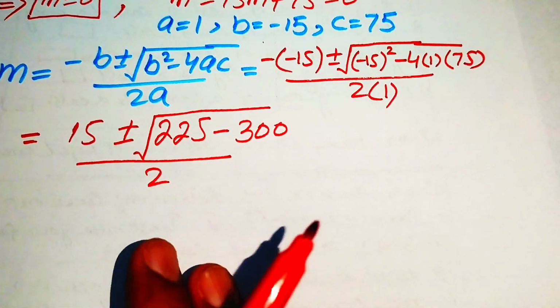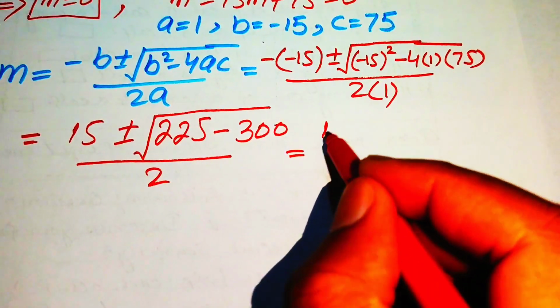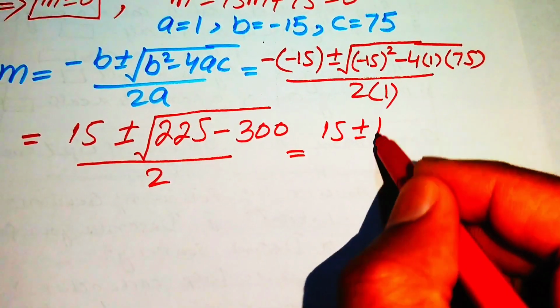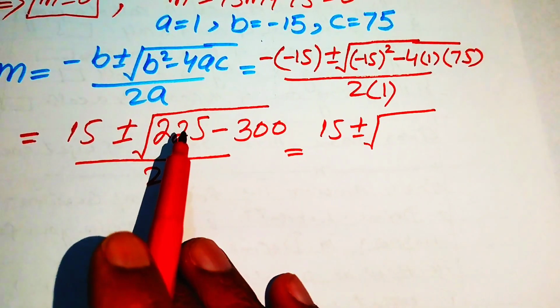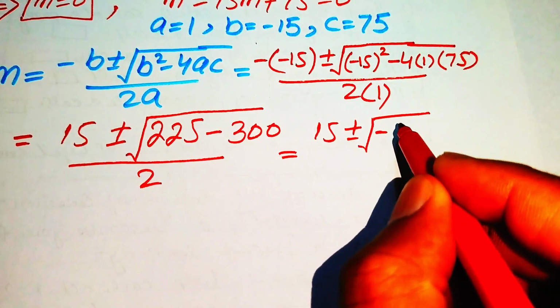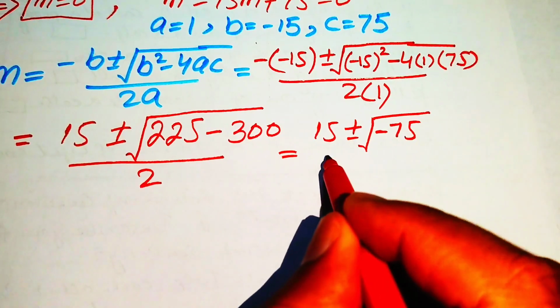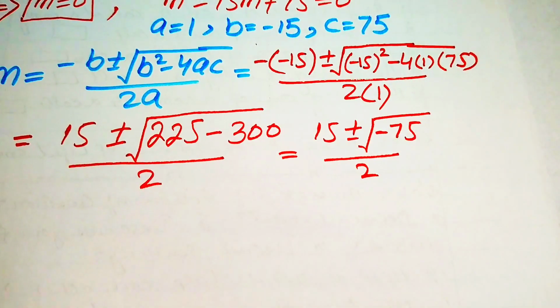So here we just add or subtract the like terms, and we get 15 ± square root of 225 - 300, which equals -75, and this whole divided by 2.